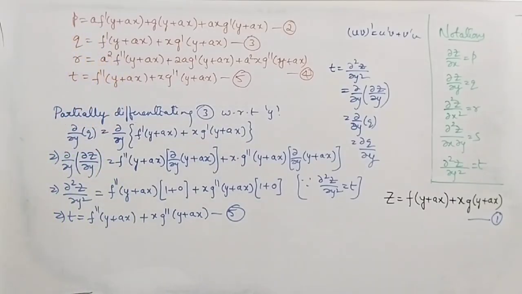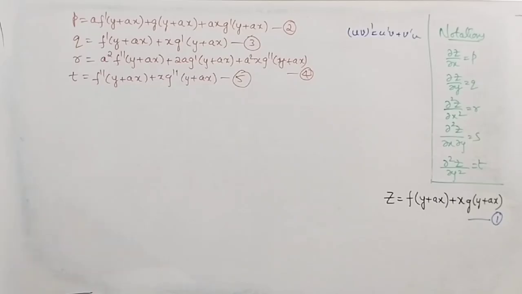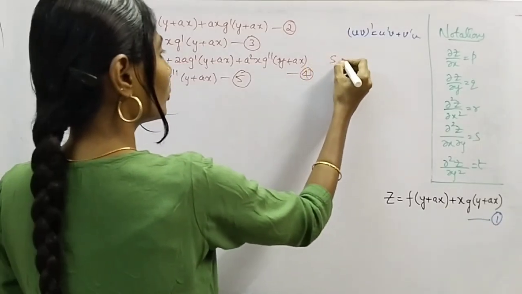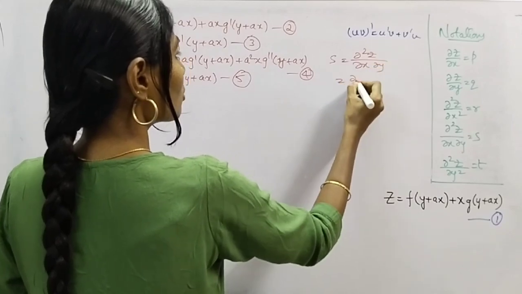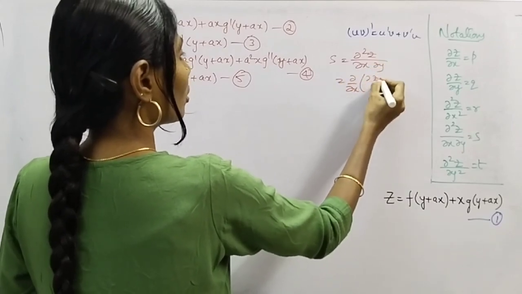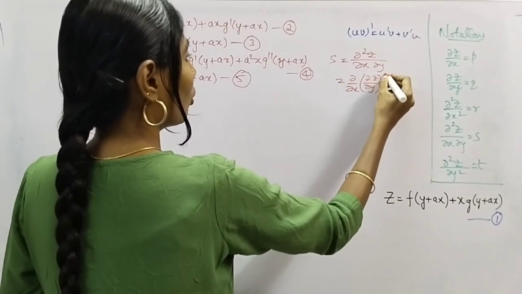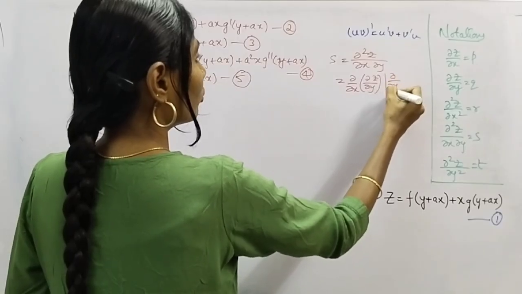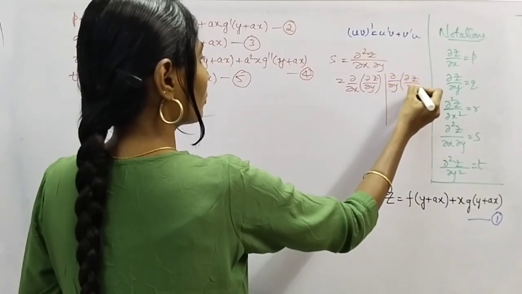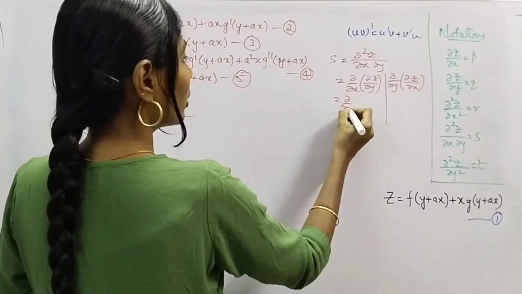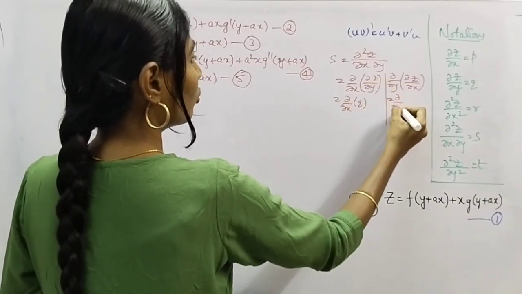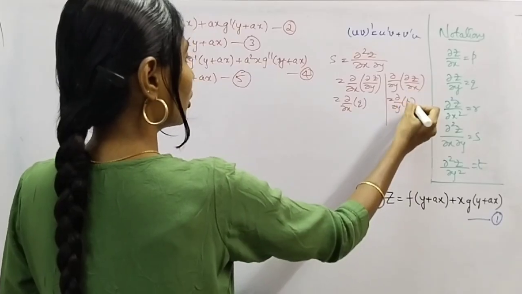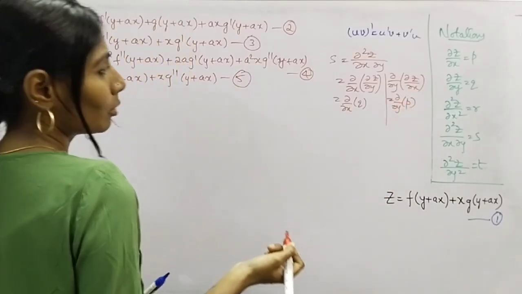Let's see. S is nothing but dou square z by dou x dou y. We can write this as dou by dou x of dou z by dou y, or dou by dou y of dou z by dou x. Okay, dou by dou x of dou z by dou y is nothing but q, and dou by dou y of dou z by dou x is nothing but p.